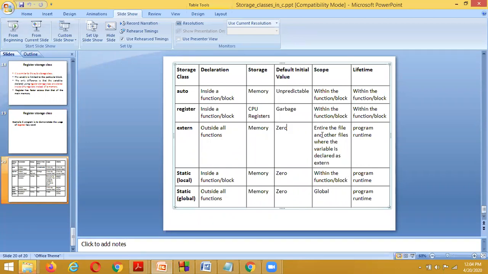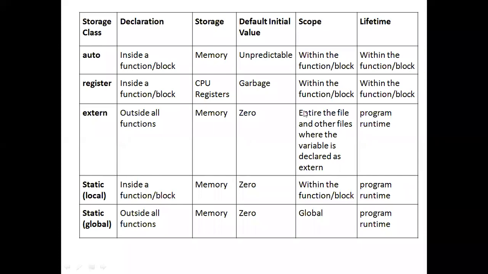But the scope of external variables is the entire file and other files where the variable has been declared as external, and it is accessed throughout the program. That's why it is indicated as global.